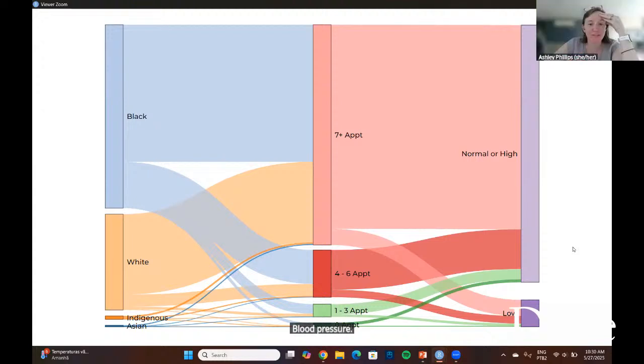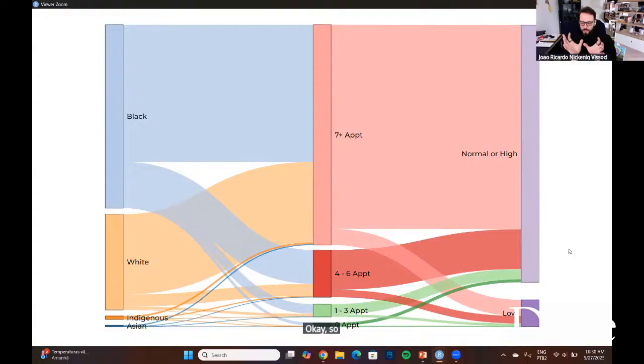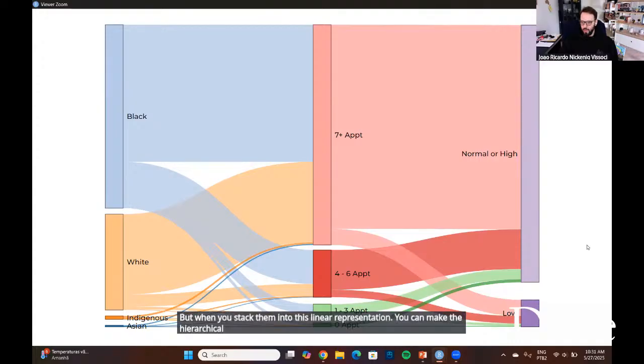The birth weight. Yeah. Birth weight, yes. Okay, so that's what it's looking at. It's just showing the two associations, and it's a way to represent how the associations happen. But when you stack them into this linear representation, you can make the hierarchical relationship also apparent.